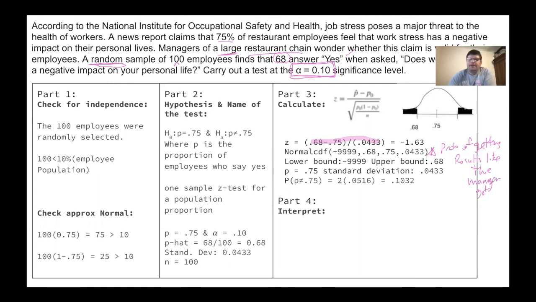Okay, sorry for the bad handwriting. But when we calculate that, we would get a p-value here of 0.1032.